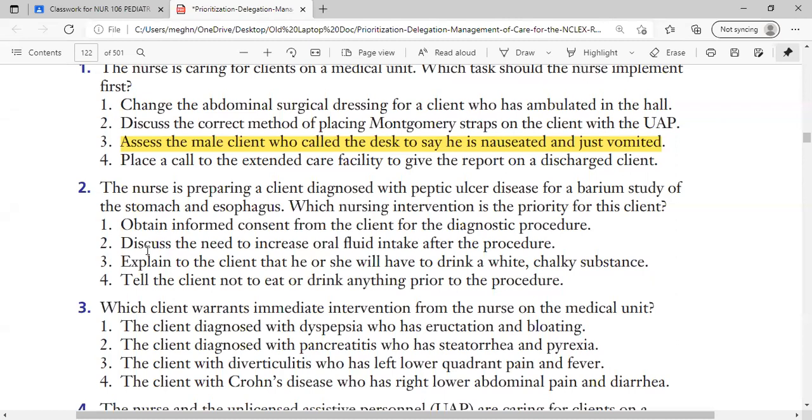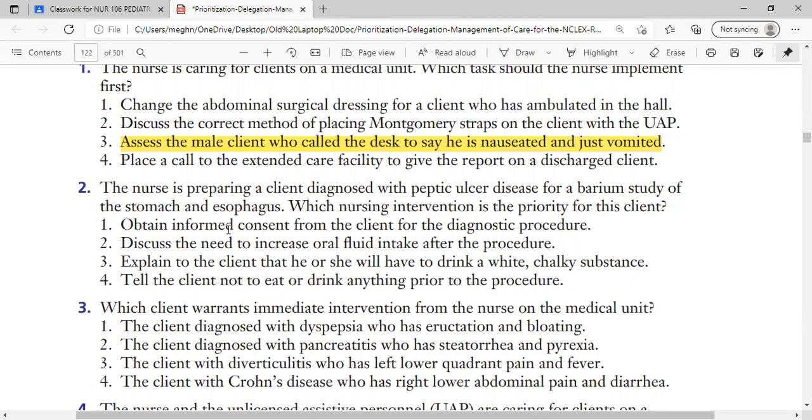Number three, explain to the client that he or she will have to drink a white chalky substance. And number four, tell the client not to eat or drink anything prior to the procedure. So which is the answer? Let me show you and tell you.